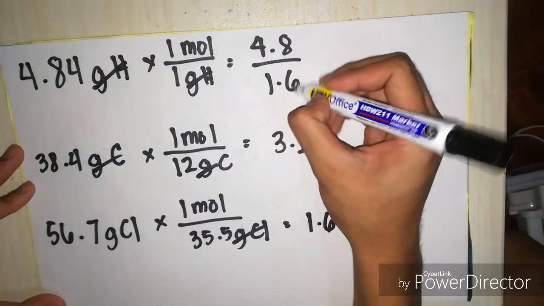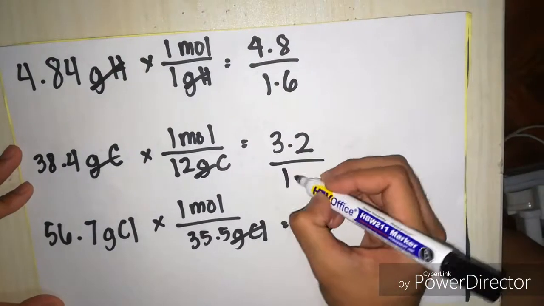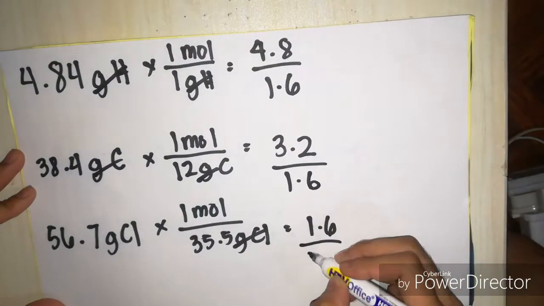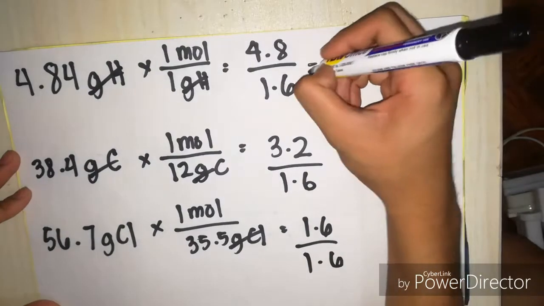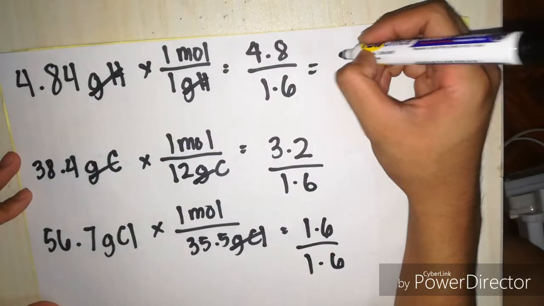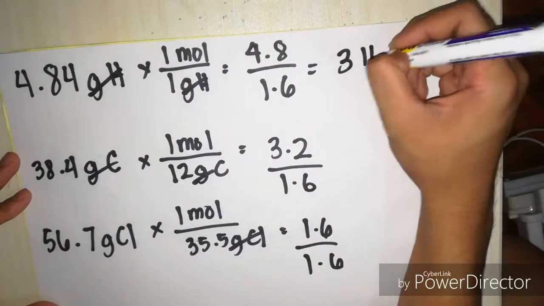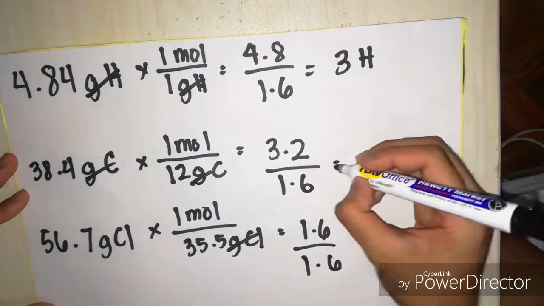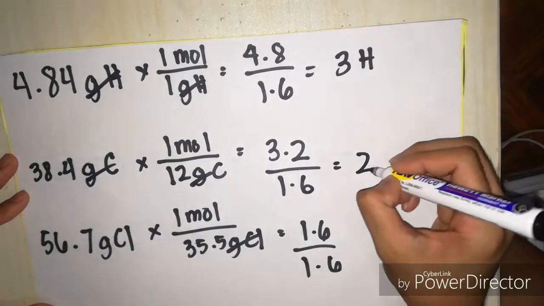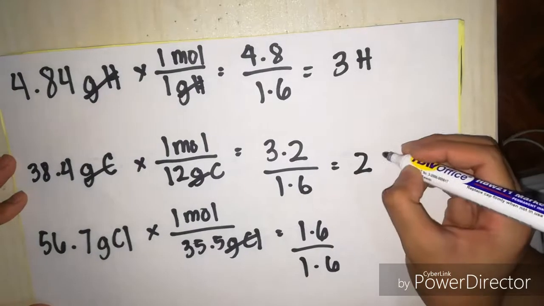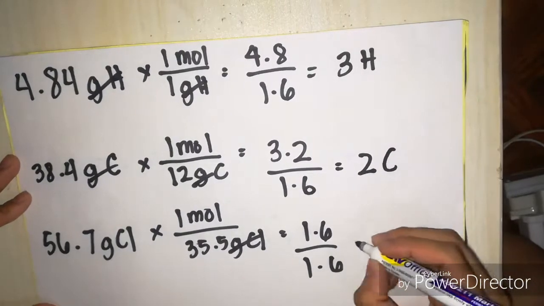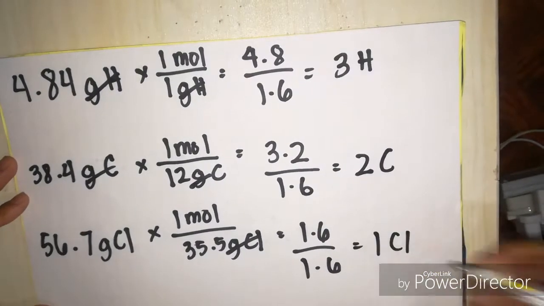Divide each quotient by the smallest quotient. For hydrogen, you'll have 3. For carbon, you'll have 2. And for chlorine, you'll have 1.